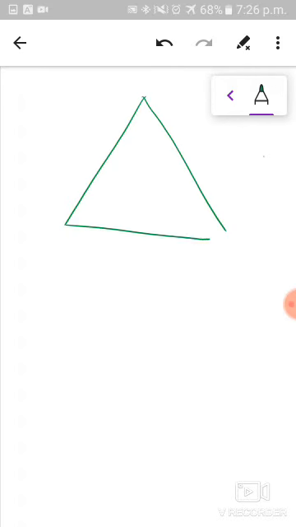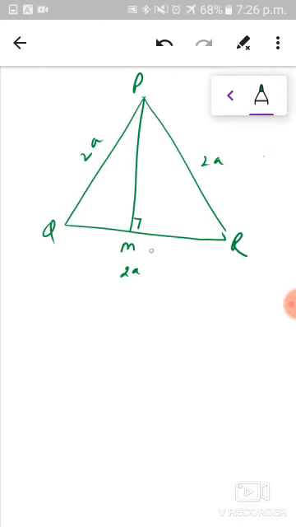Let me take an equilateral triangle. PQR is an equilateral triangle with side 2a, each side 2a, and PM is the altitude of triangle PQR.